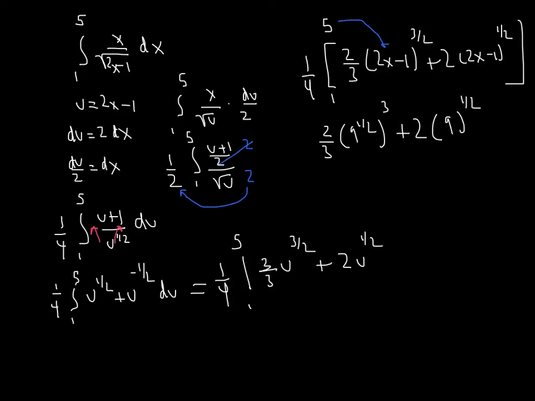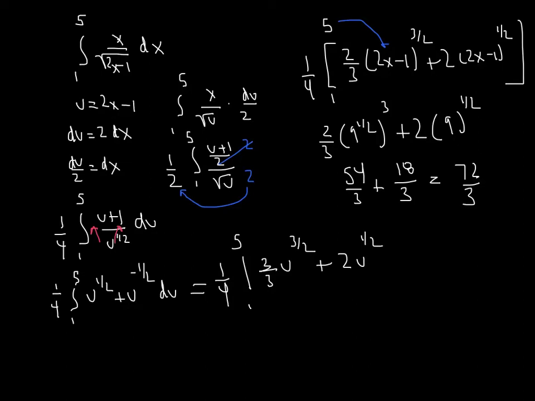And so this is going to be 27 times 2, that's going to be 54 over 3, plus the square root of 9 is 3, times 2 is 6, and 6 I'm going to write as 18 over 3, and so I end up getting 72 over 3, all right, which is 24. And so our upper limit of 5 gives us 24.